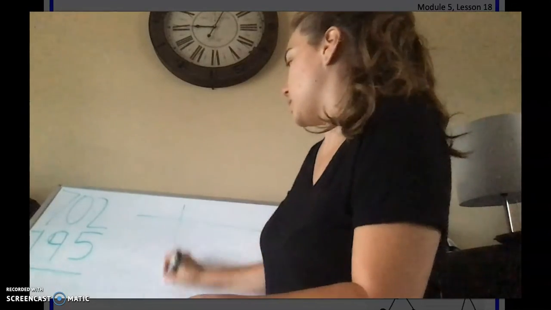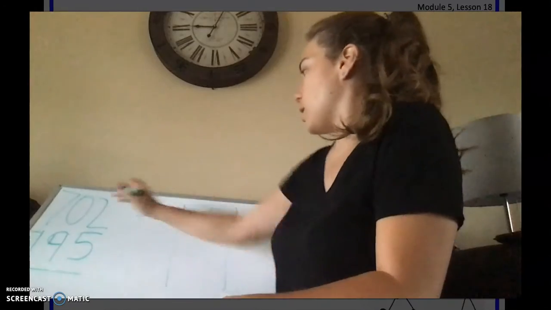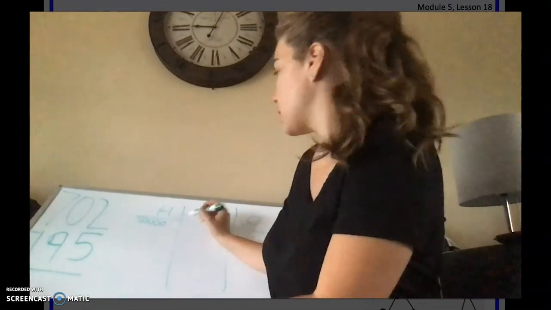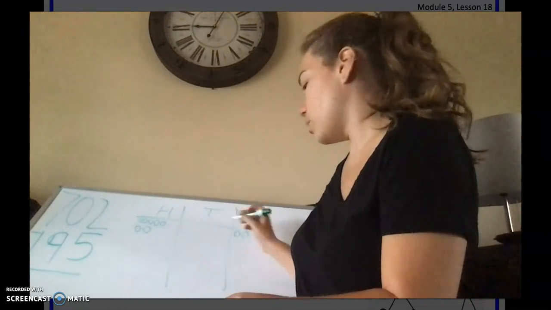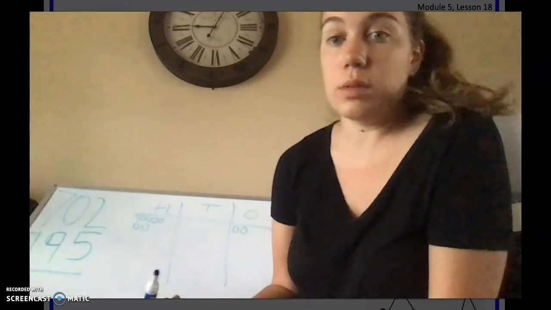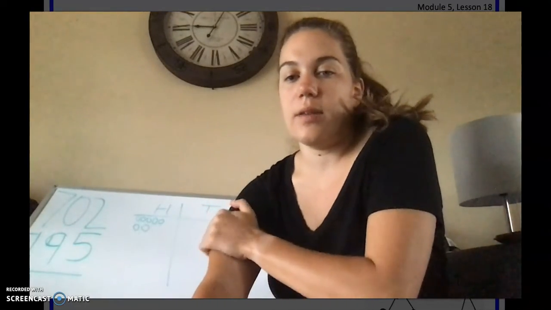So we're going to make our place value chart. There's 7 hundreds, 0 tens, and 2 ones. And now we're going to solve our problem. So we're going to do 702 minus 195.